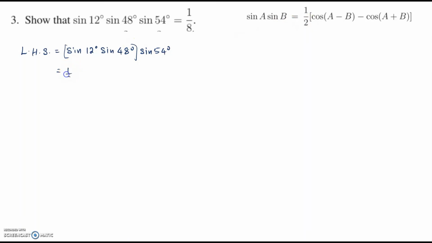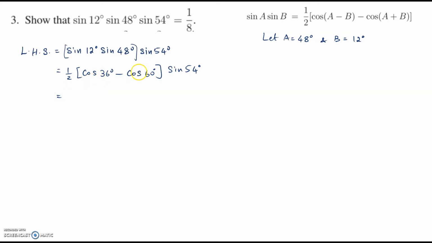So this becomes 1 by 2 into cos A minus B. Let A be equal to 48 degrees and B be equal to 12 degrees. So this becomes 48 minus 12, which is 36 degrees, minus cos A plus B, 12 plus 48 will be 60 degrees, into sine 54 degrees.